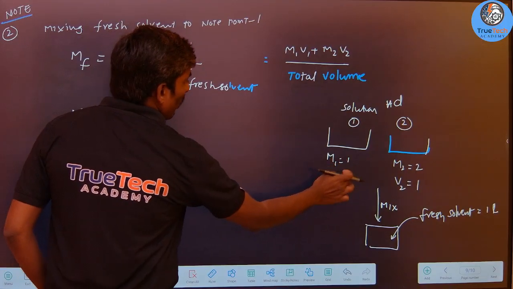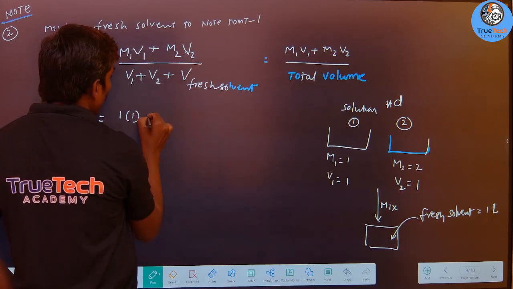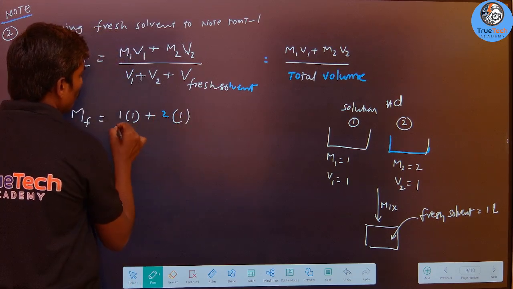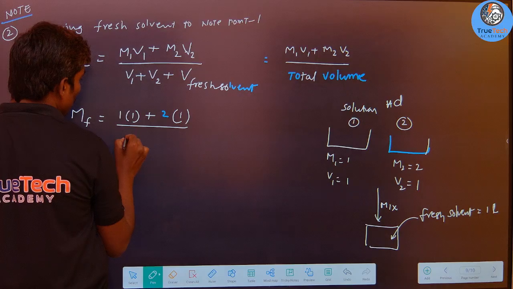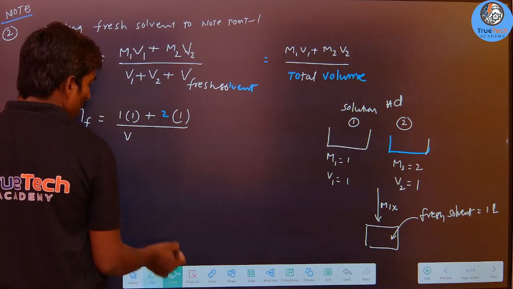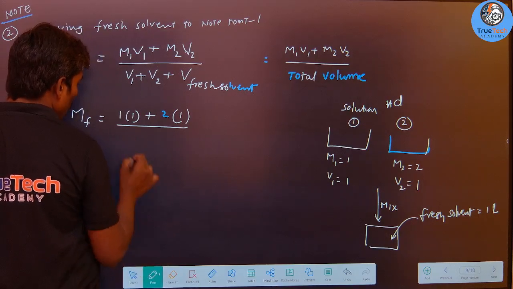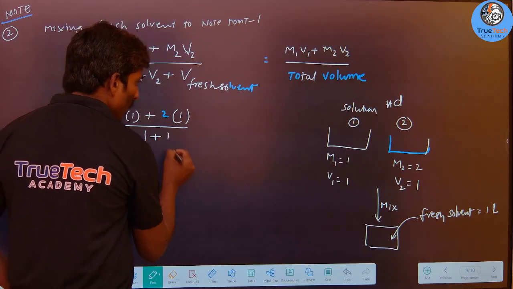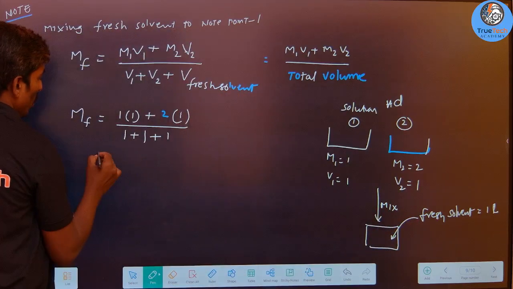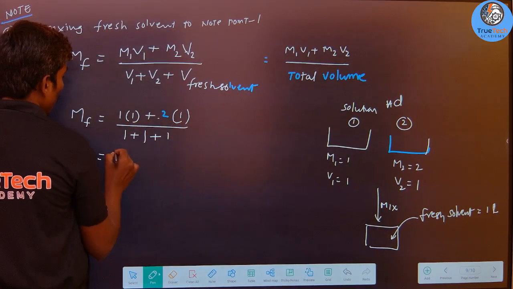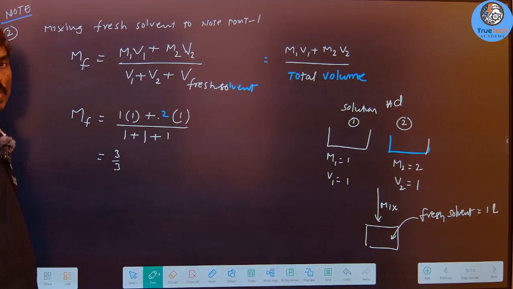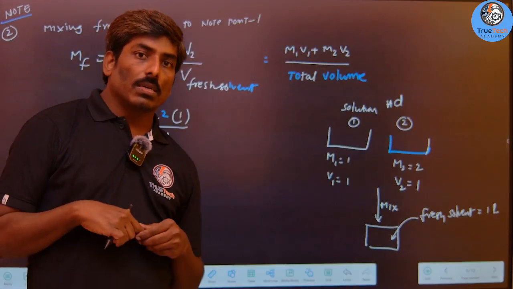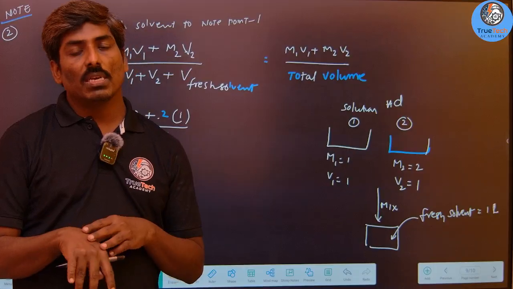M1 is taken 1, V1 also we took 1, M2 is taken 2, V2 is taken 1, by V1 plus V2 plus V fresh. V1 we took 1, plus V2 we took 1, and freshly we are adding 1 more liter of fresh solvent. So it is 3 by 3.